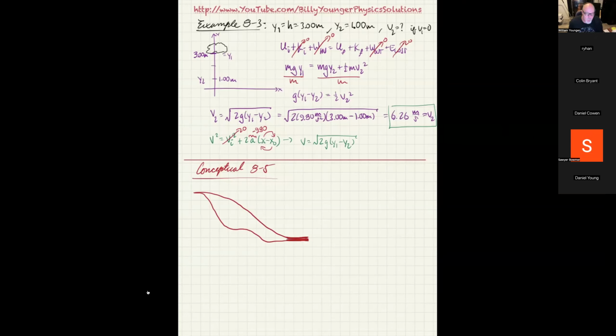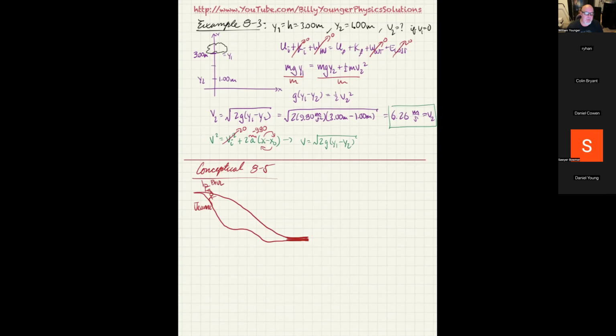And one of them has Paul sliding down it, and the other one has Jeannie sliding down it. And what they're asking is which rider, Paul or Jeannie, is traveling faster at the bottom.